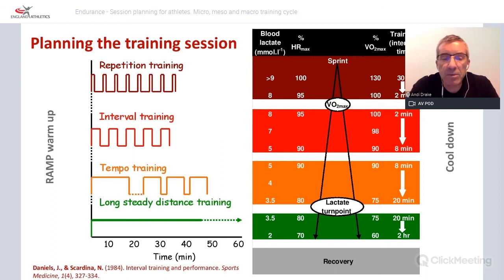So these are some of the factors that would go into planning our individual training sessions for the week, either side of those charts there on the screen, preceded by a warm-up and followed by a cool-down as components of those sessions.